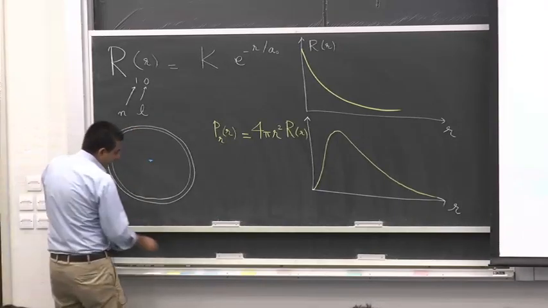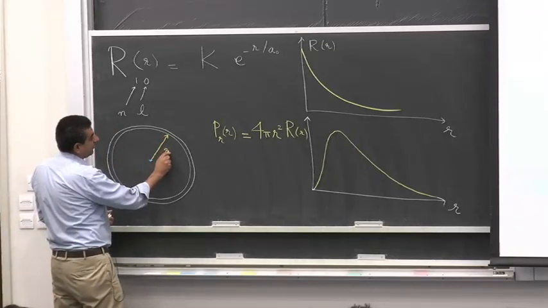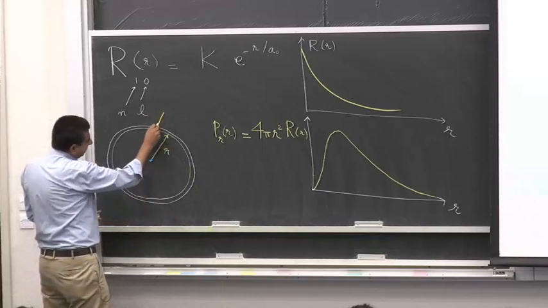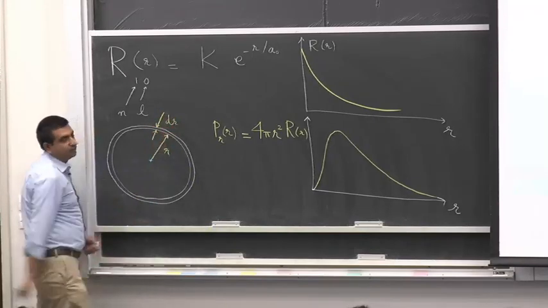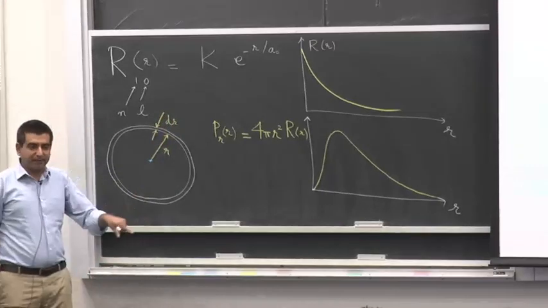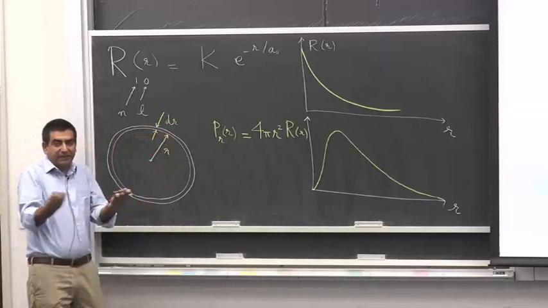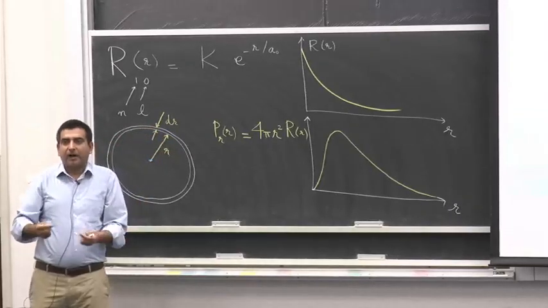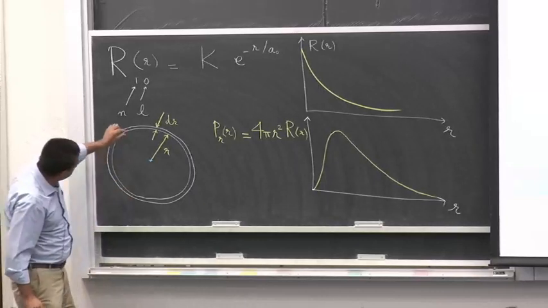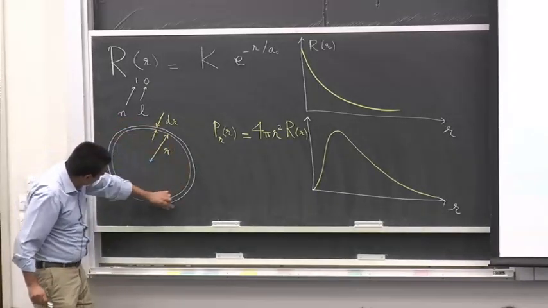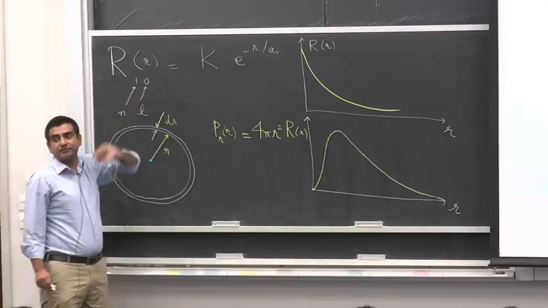And this shell is at a radius r, and the thickness of this shell is tiny, minuscule, dr. And I would like to find out the probability of locating the electron inside this shell. This is a meaningful quantity. I always find out probabilities in small volumes. So I want to find out the probability of locating the electron inside this shell when the electron is in this state.